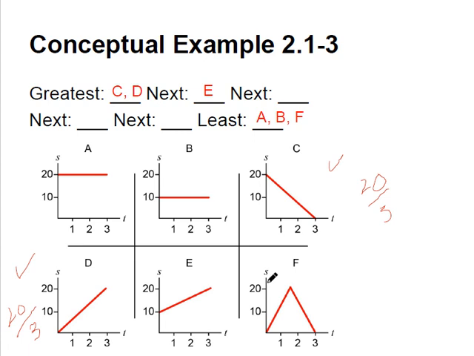Then we've got E, which is your 10 divided by your 3 seconds. Then we have A and B and F is the same thing, but that's 0, 0, and 0, because we're looking at the change. So don't forget the change.